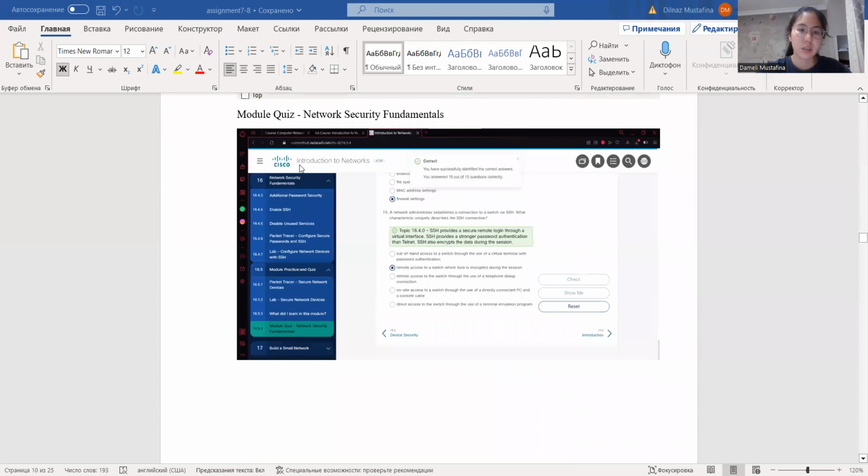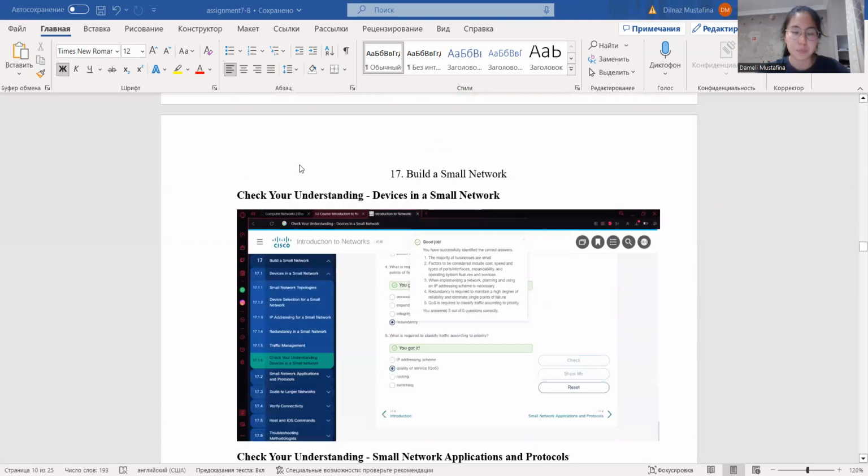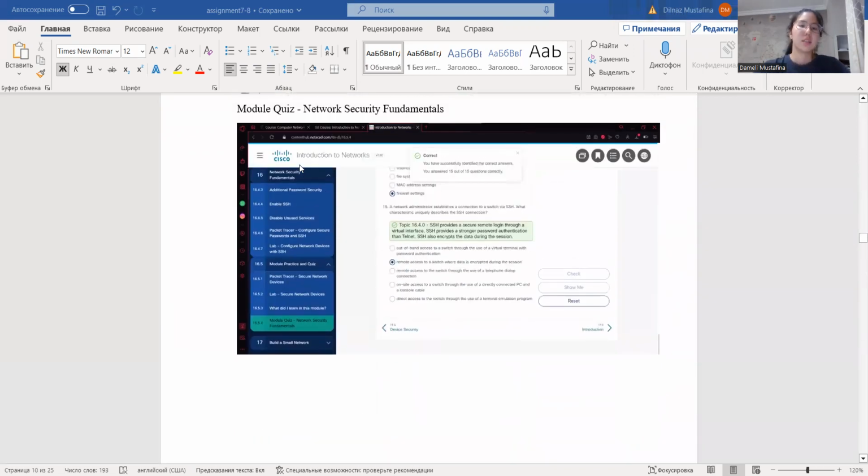Here we can see the quizzes of network security fundamentals. And it is the end of the 16 model, and what we can see and talk about and learn from this model. First, it's the security stress and vulnerabilities.